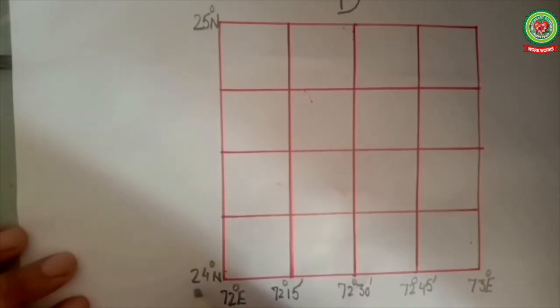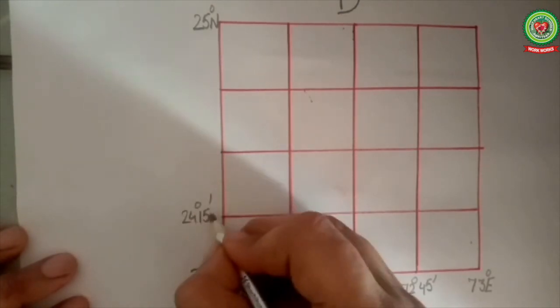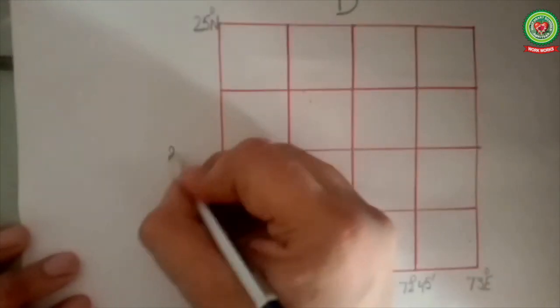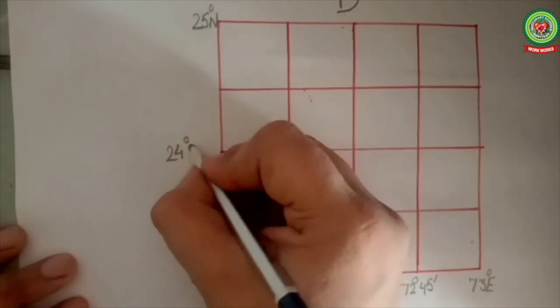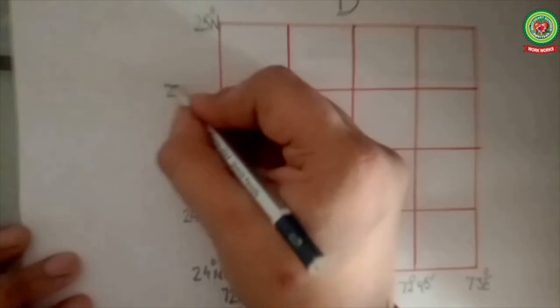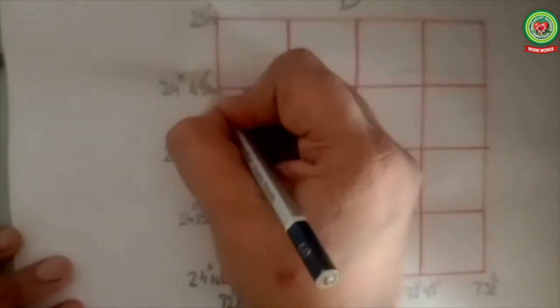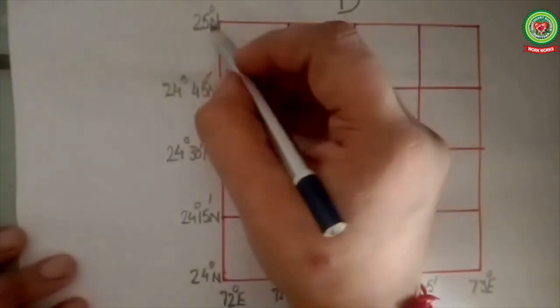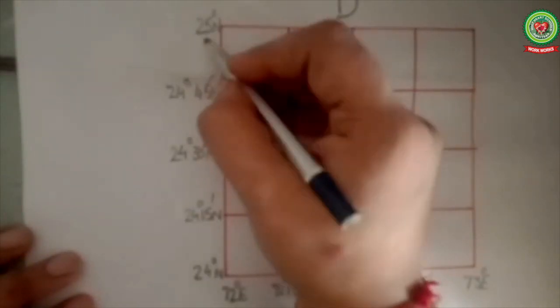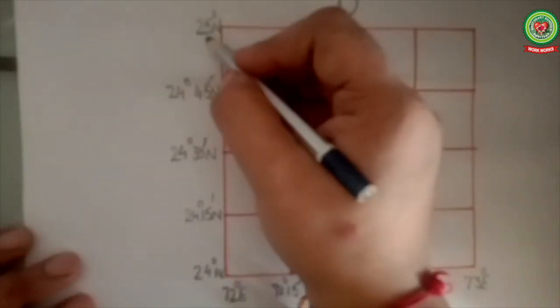Similarly, 24 degree north latitude, 24 degree 15 minutes north latitude, 24 degree 30 minutes north latitude, 24 degree 45 minutes north latitudes, and finally 25 degree north or 24 degree 60 minutes north latitudes.